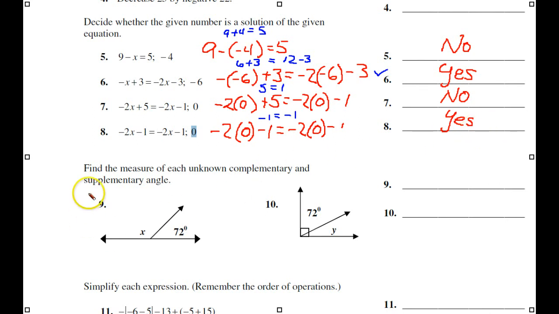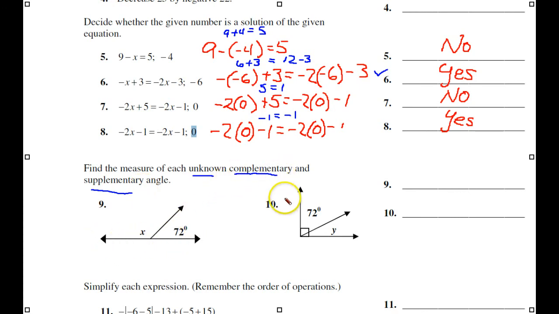All right, looking ahead into 9 and 10, they're asking us to find the unknown complementary angle in example 10 and supplementary angle in example 9. Remember, supplementary angles, the sum is 180. That's a straight line.